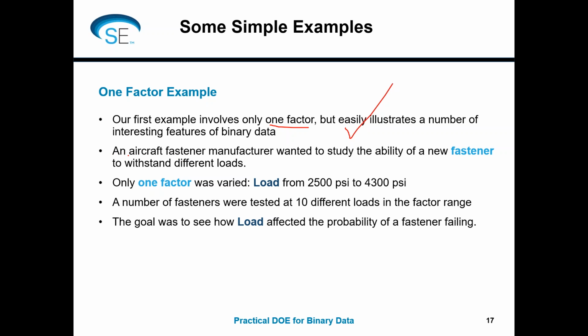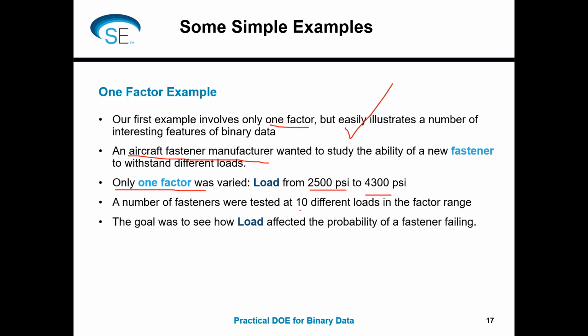So this is an aircraft fastener manufacturer making these fasteners and wanting to study how much load these fasteners can withstand. So one factor was varied, which was load, and that went from 2,500 psi to 4,300 psi. They had a bunch of different fasteners that were tested at 10 different loads in the factor range.